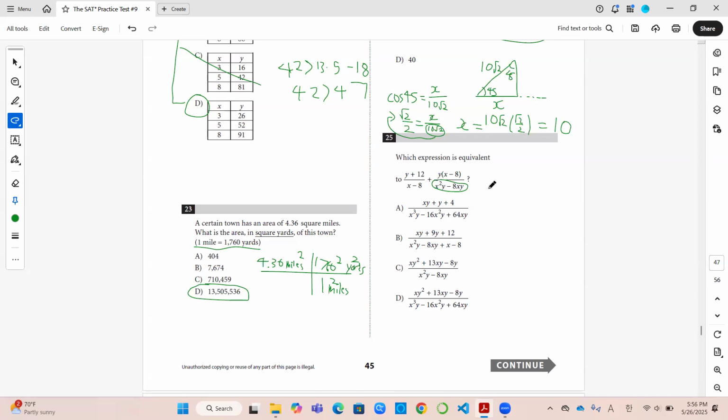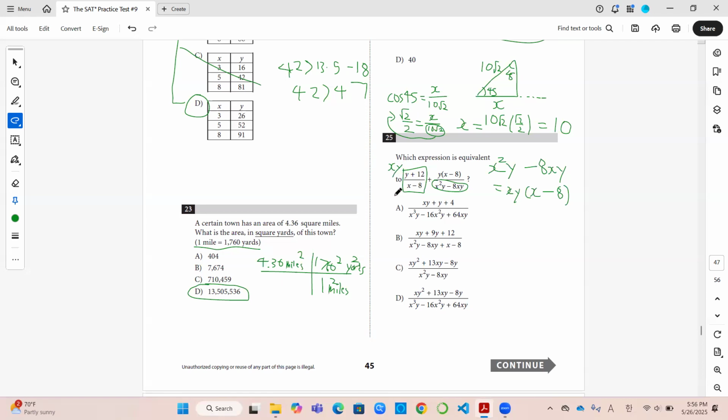So I can write x squared y minus 8xy as xy times x minus 8. So I know that if I want to make the denominators the same, I need to multiply this guy over here by xy.